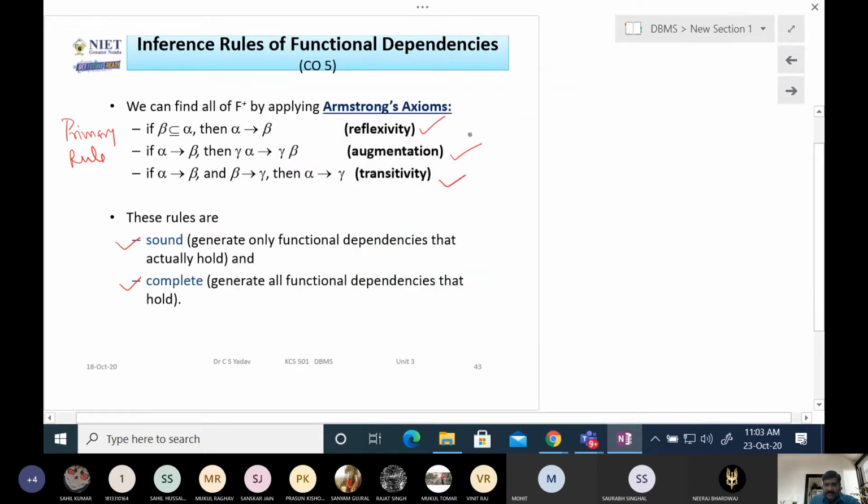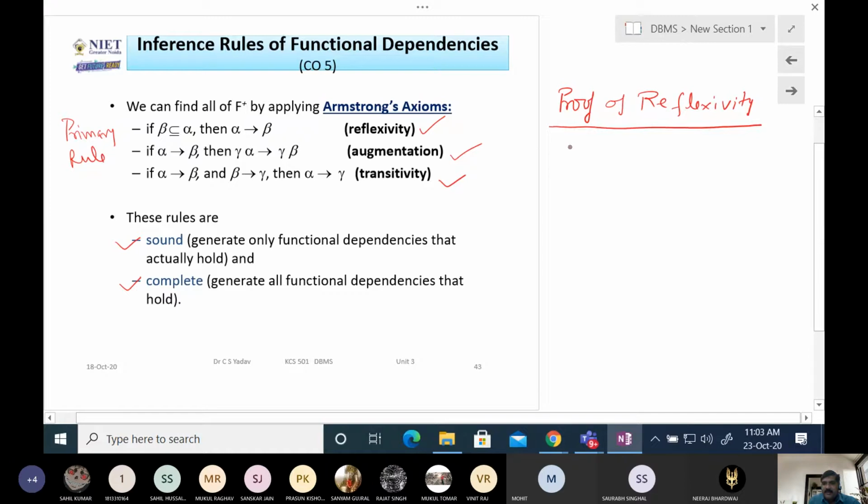And we will write in the proof of reflexivity rule. So through the definition of the functional dependency we will prove this.